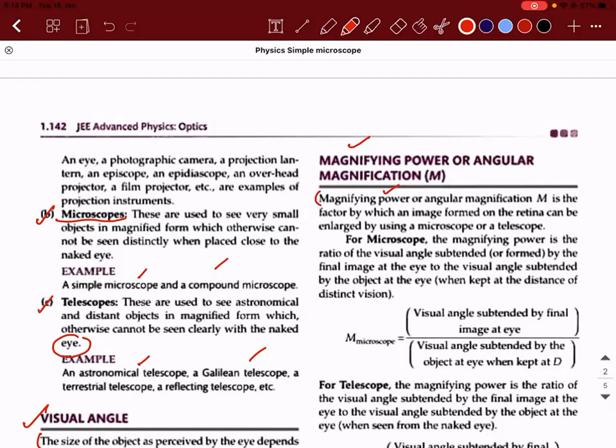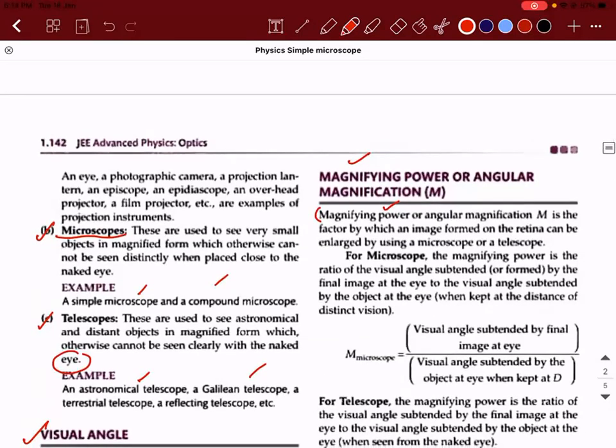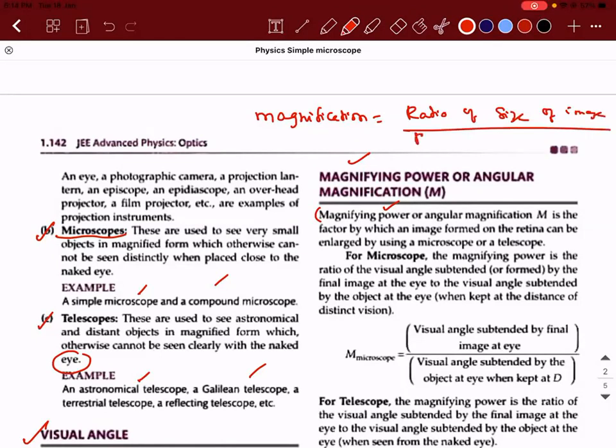Magnification basically is the ratio of the size of the image to the size of the object. Am I right?